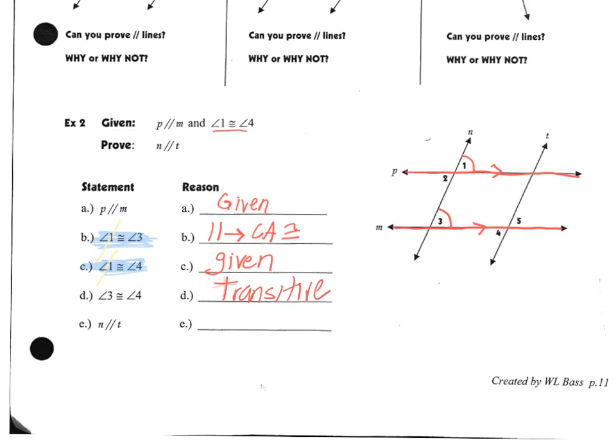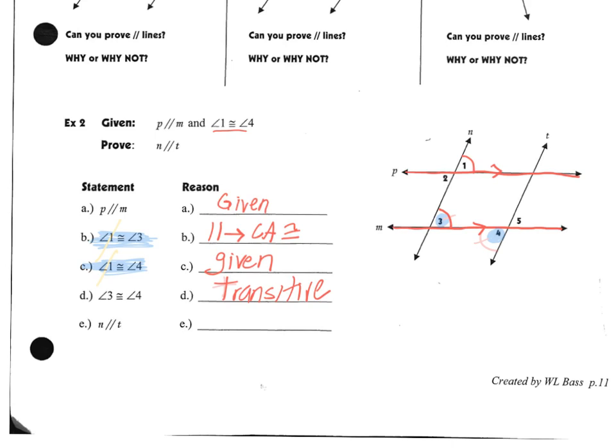If we go and look, we see that angle 3 is here and angle 4 is here, and we now know that angle 3 is congruent to angle 4.